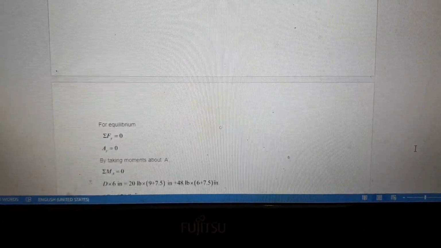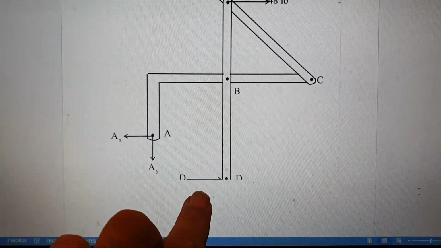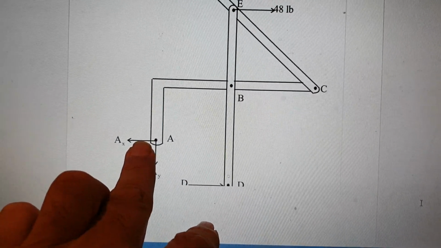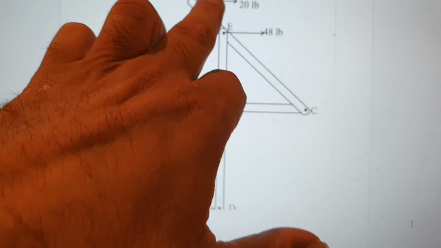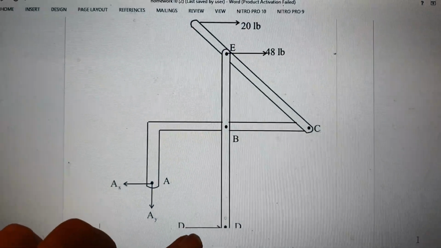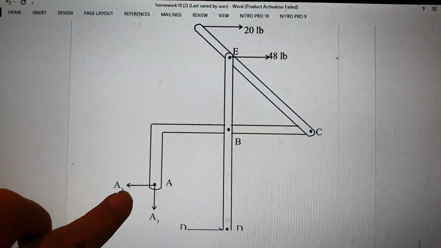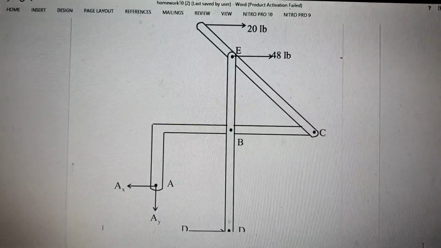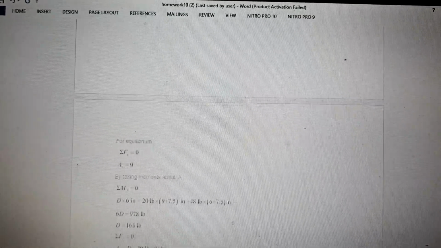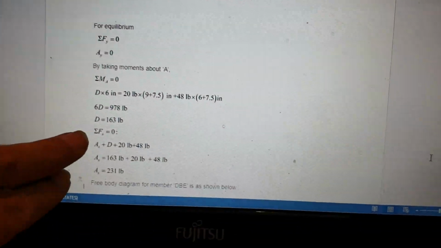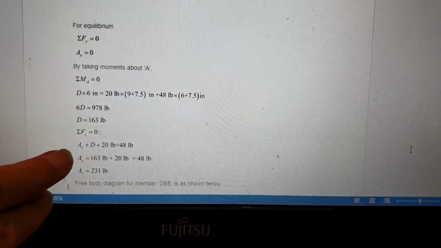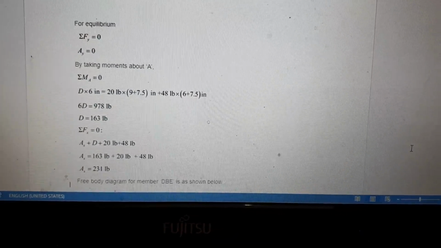Now, if you found DX, you could find AX, because summation of force at X gives 20 plus 48 plus DX minus AX equal to 0. So summation of force at X equal to 0, AX is equal to 231. So now we found the reactions.